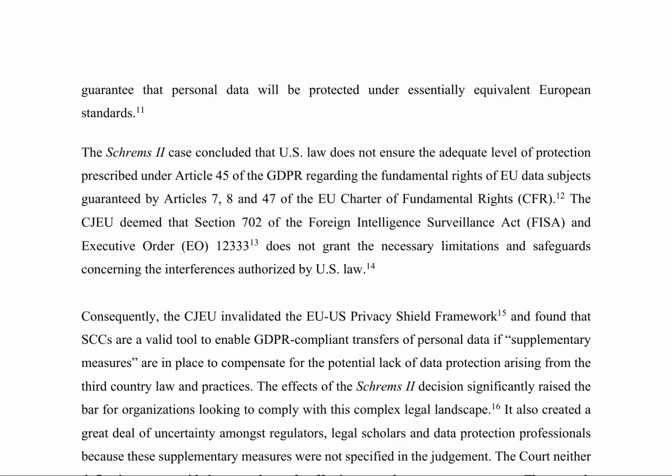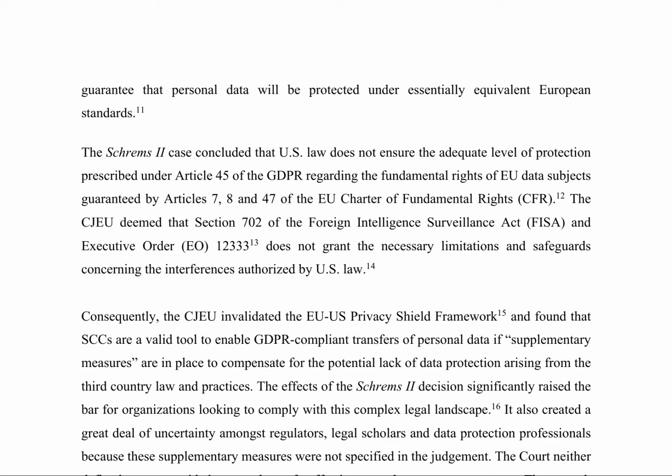The Schrems II case has significantly raised the bar for organizations seeking to comply with the complex legal landscape of data protection. By invalidating the EU-US Privacy Shield framework, the Court of Justice of the European Union, CJEU, ruled that U.S. law does not provide adequate protection under Article 45 of the General Data Protection Regulation, GDPR, as it fails to guarantee fundamental rights enshrined in Articles 7, 8, and 47 of the EU Charter of Fundamental Rights.